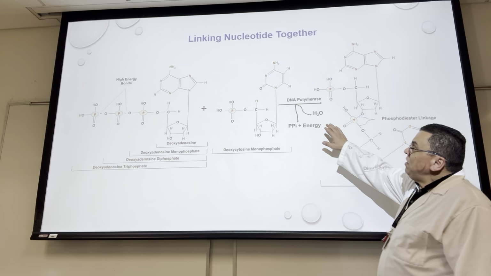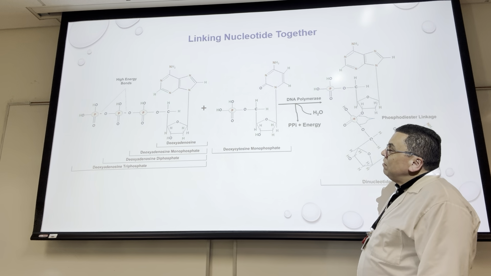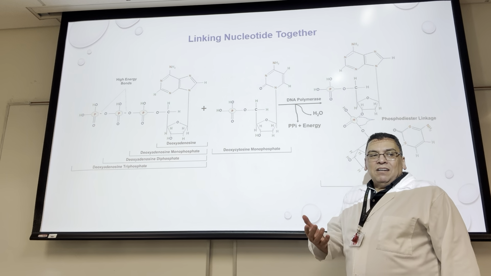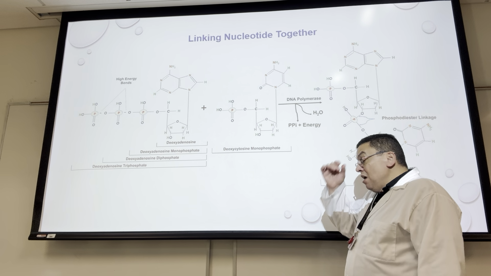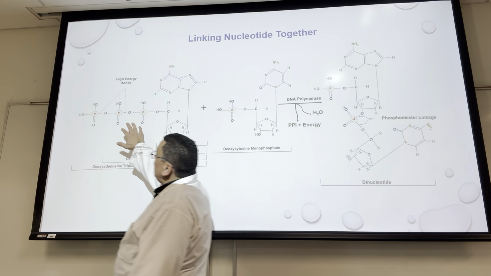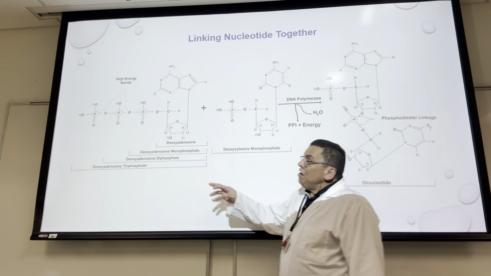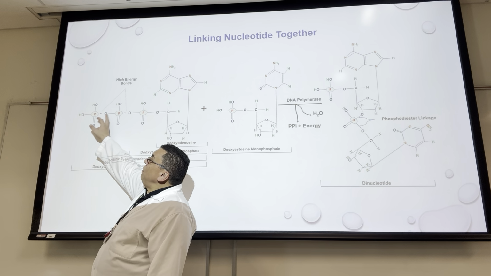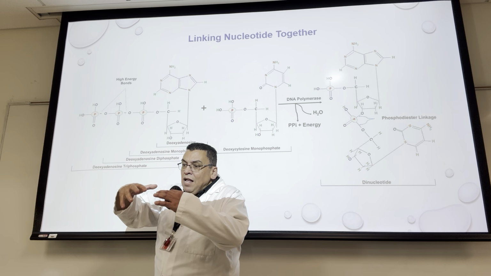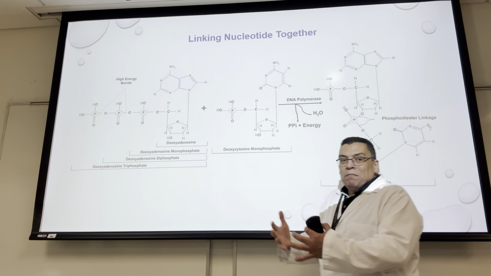So here's your dehydration synthesis. Now this reaction needs energy. The energy is already built into this area here. The energy that you see here is the energy that is supplied into the system.